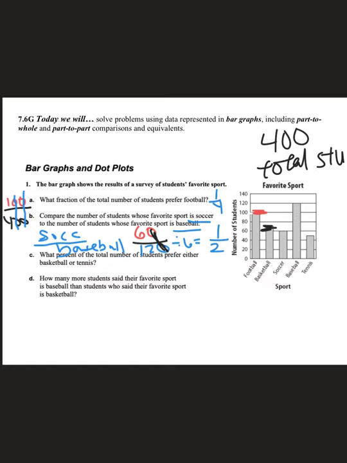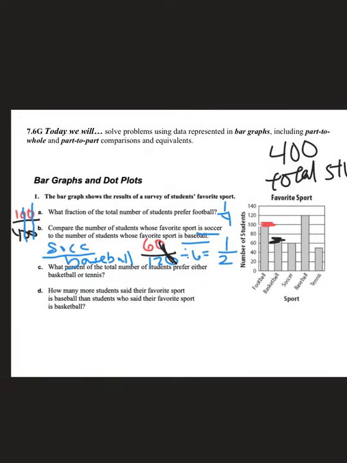So C is asking us what percent of the total number of students prefer either basketball or tennis. So I'm going to do the work down here. It's asking us basketball or tennis. So we're going to have to find out how many students like basketball.